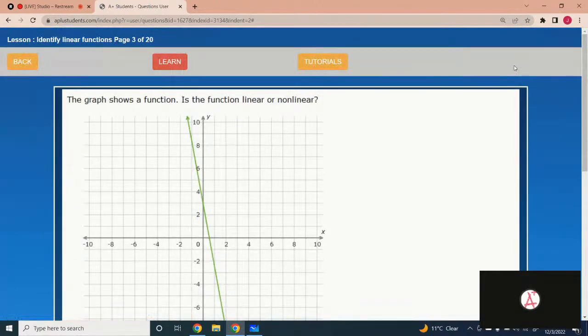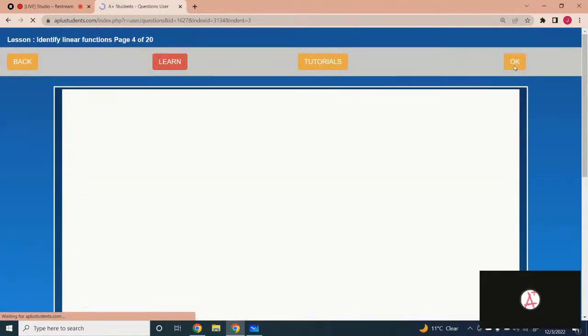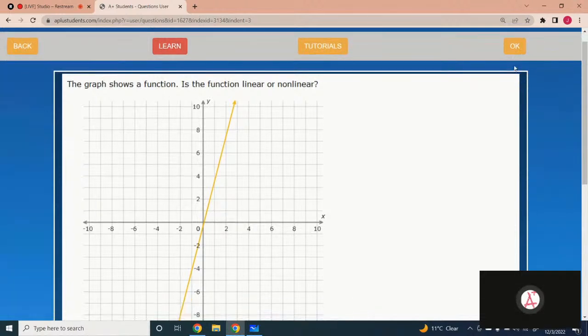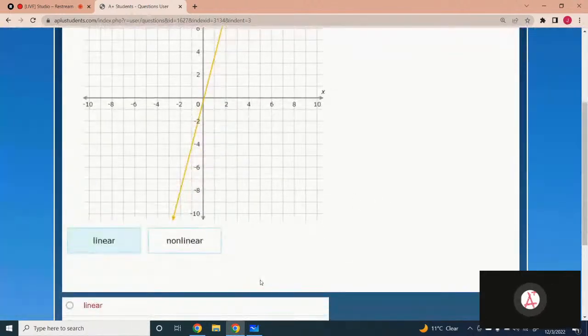Okay, the next one. The graph shows a function. Is the function linear or non-linear? It would be the linear function. Got it? Because the graph of the function is a straight line, so it must be linear.